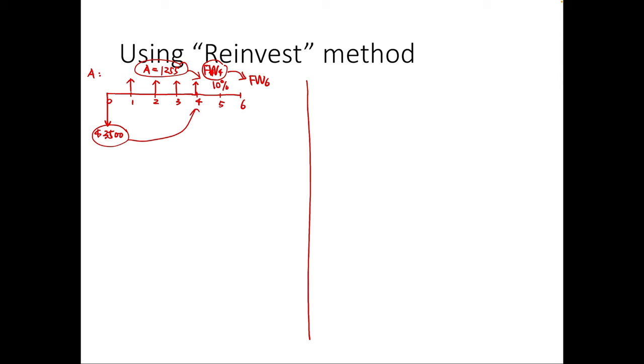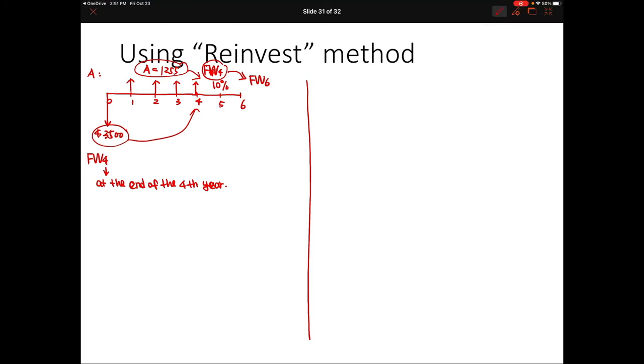So the first thing is you need to convert all the cash flows of the 4 years to the FW4. Don't confuse, this 4 means at the end of the 4th year. It doesn't mean the part 4, okay?